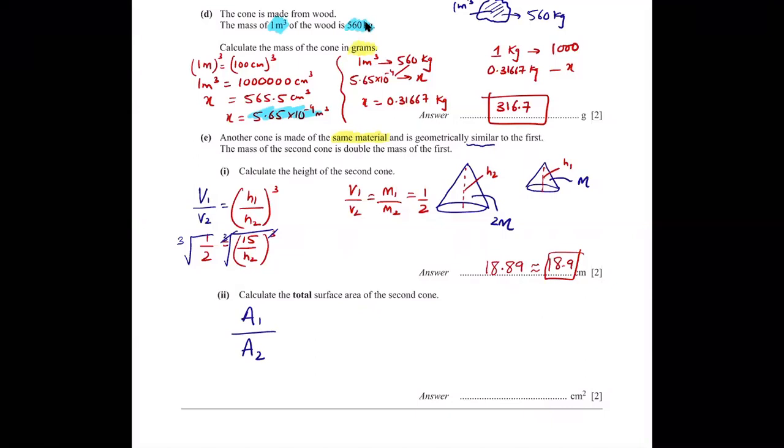Musab, what is the ratio of the areas of two similar figures equal to as compared to the length? See, the volume ka ratio was equal to the cube of their heights ka ratio. So the area ka ratio is going to be equal to what?